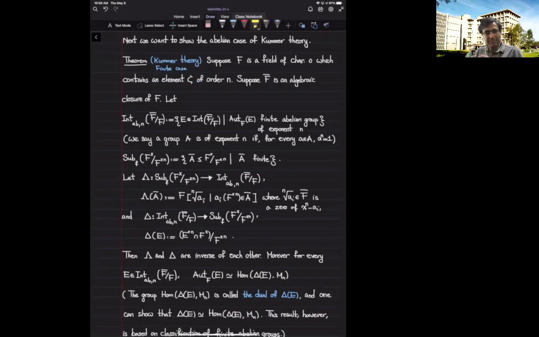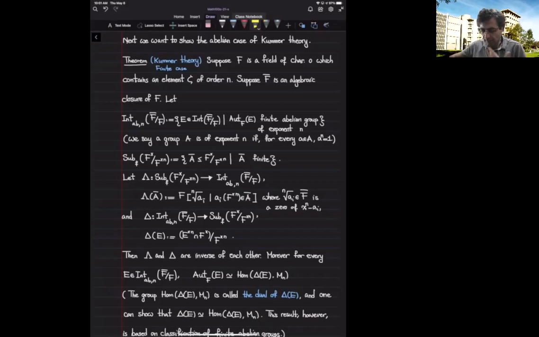I can replace cyclic groups of order n by Z sub n cross Z sub n cross Z sub n, finitely many of them. For both of these sides, I can consider group homomorphisms from automorphisms of F bar over F to finite copies of Z sub n, and I can do the same for group homomorphisms from F cross. And what Kummer told us is that there is a bijection between these two sets, similar to the cyclic case.